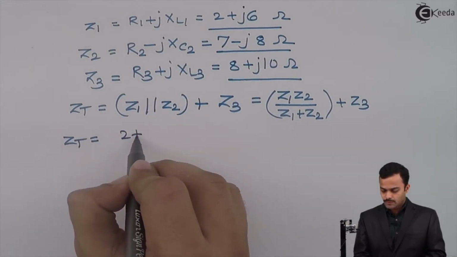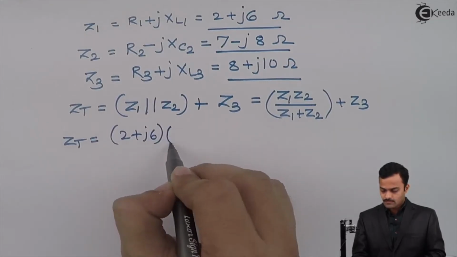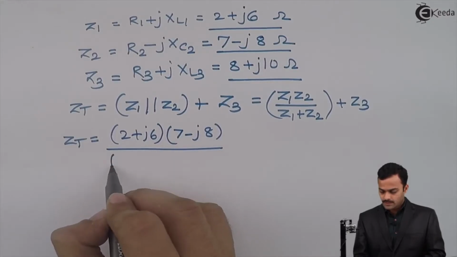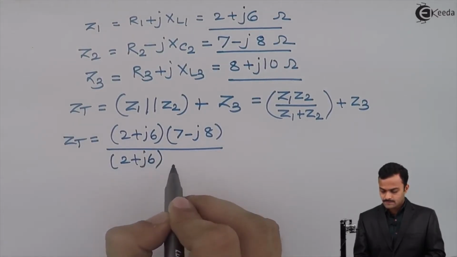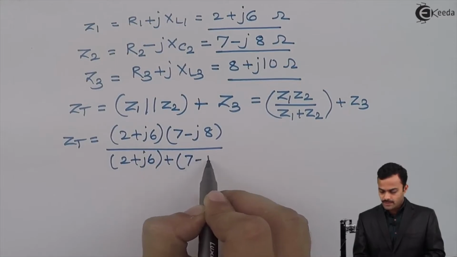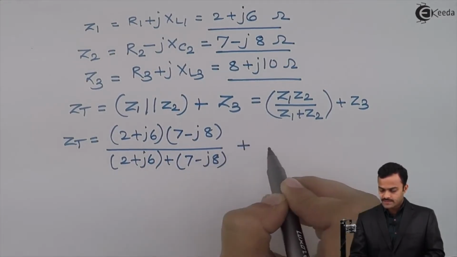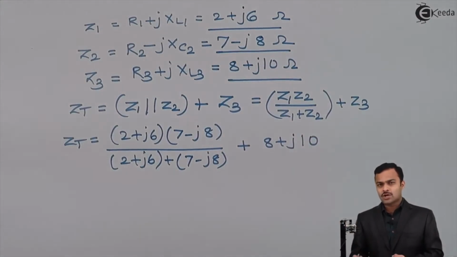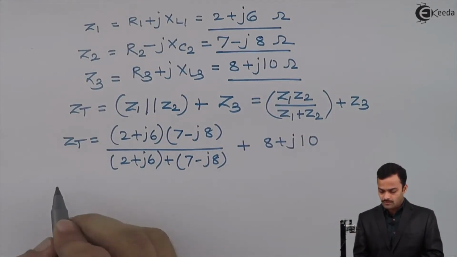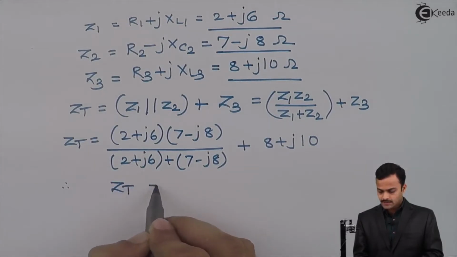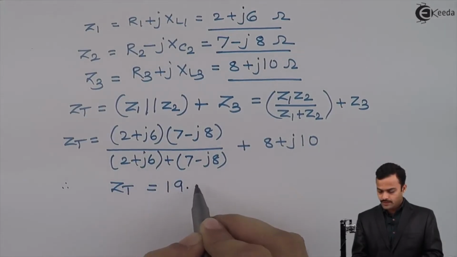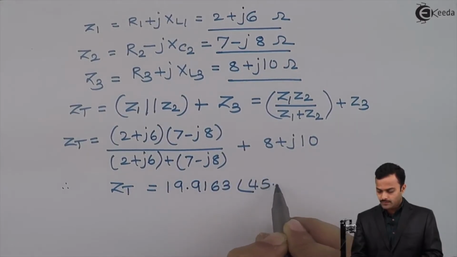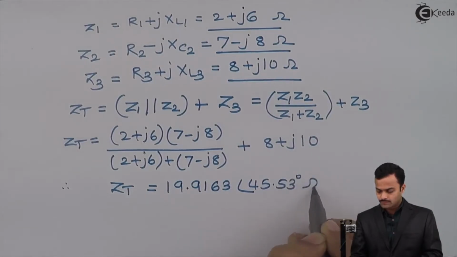It is (2 plus j6) multiplied by (7 minus j8), divided by (2 plus j6 plus 7 minus j8), in series with Z3, 8 plus j10. If I solve and convert into polar form, I will get ZT equal to 19.9163 at an angle 45.53 degree ohm.